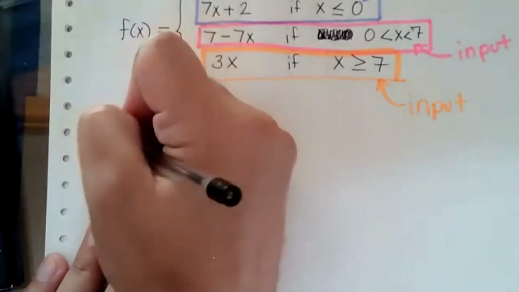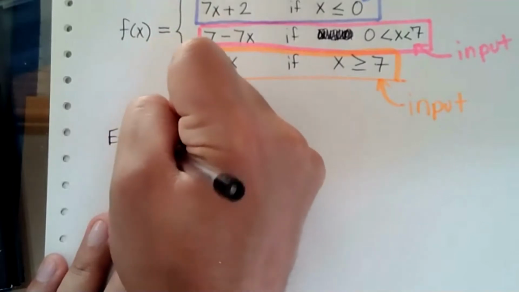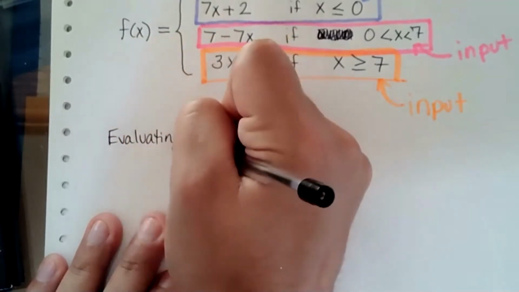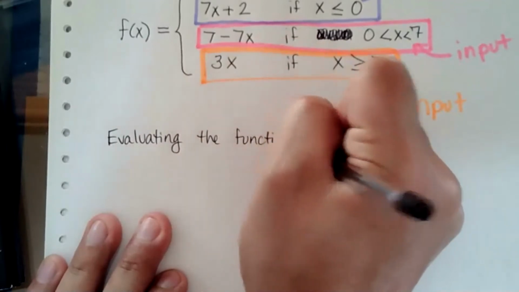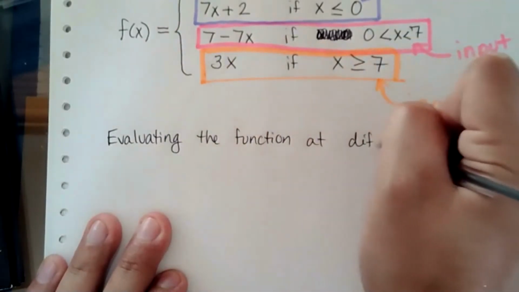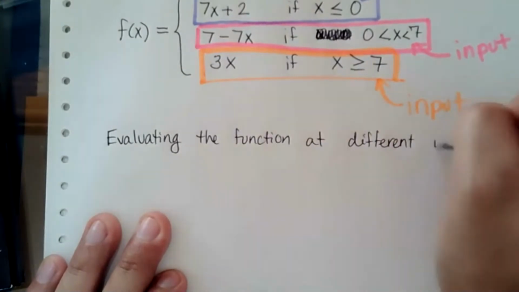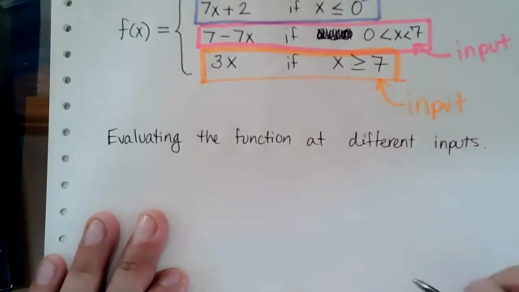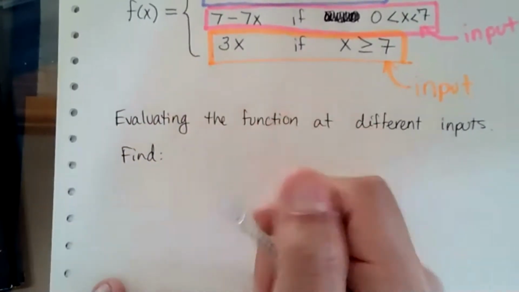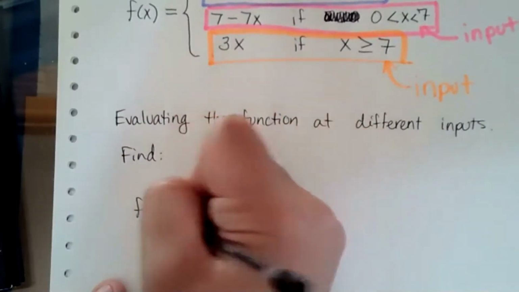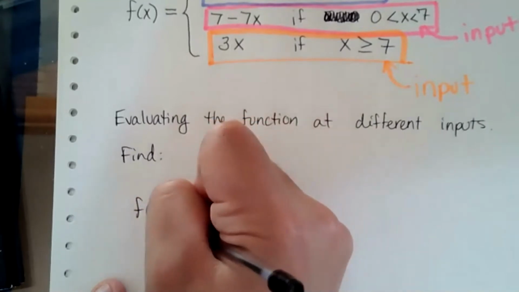Okay. Well, let's practice evaluating the function at different inputs. Okay, so we want to find the following. f of -3.